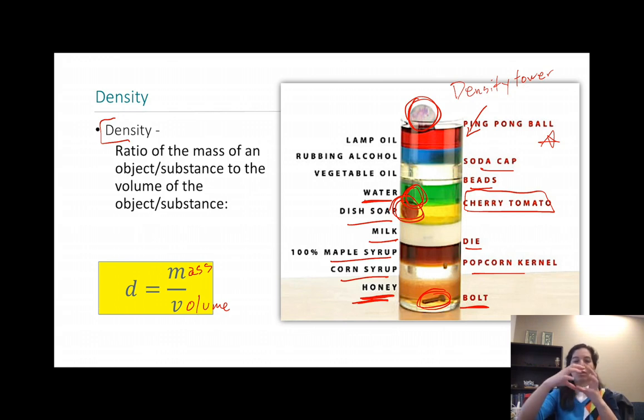If you have, say, something this size that is 2 pounds, it's going to have a higher density than something that is the same volume, the same size, but has a mass of 1 pound. That would have a lighter density than the same size object that has a heavier mass. So that's kind of what we're talking about here with density.